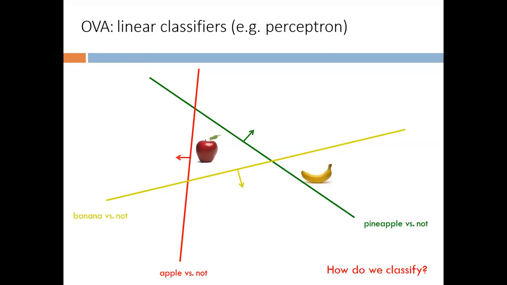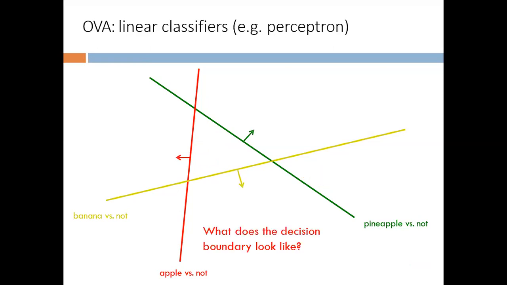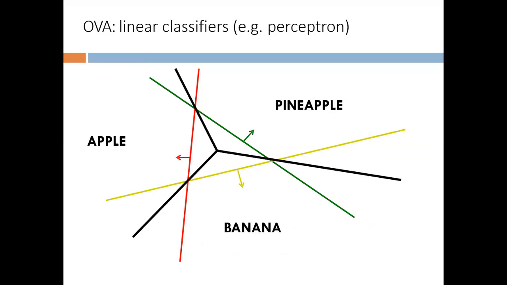The question is, how do we classify these? Can we reach a solution by reconstructing the decision boundaries of our binary classifiers? Yes, we have to change the decision boundaries of our binary classifiers. After reconstructing, the decision boundary looks like this.